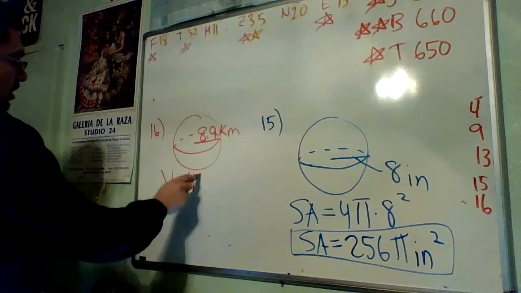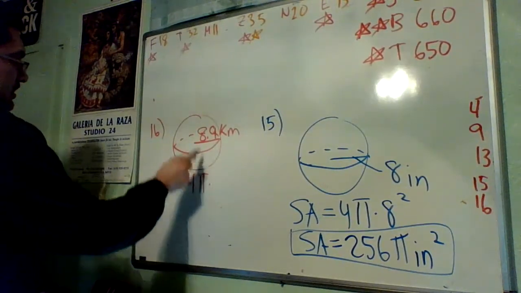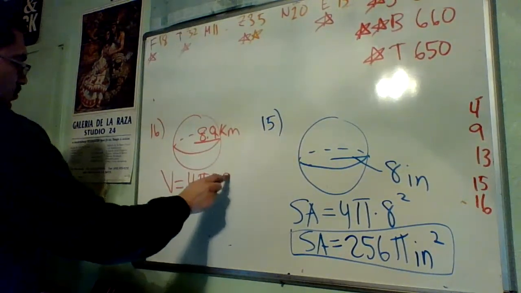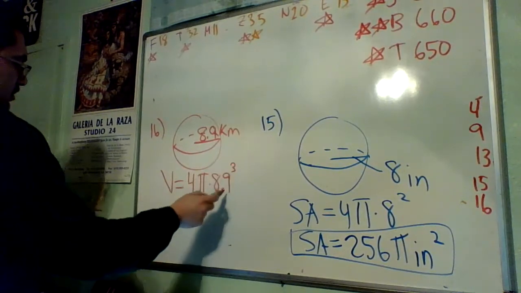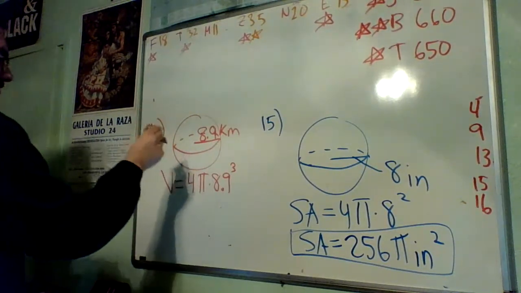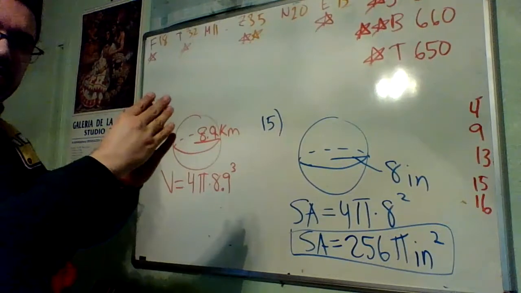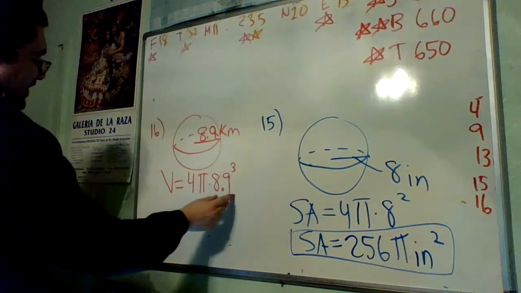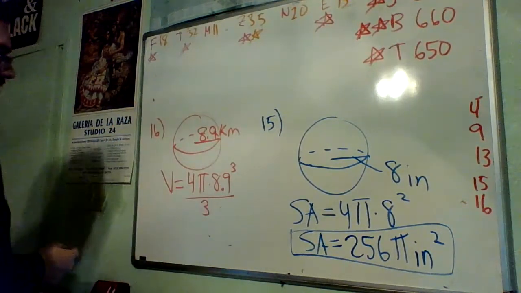We need the 4, we need the pi, and we need to use the radius, but not squared. It's to the 3rd power. And then this is not flat, just like the pointy thing we did in another video, so for volume we have to divide by 3, because if not, the answer is way too big.